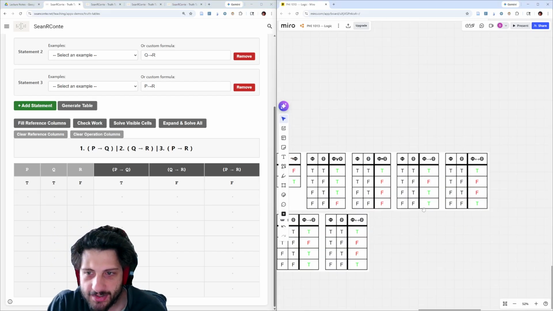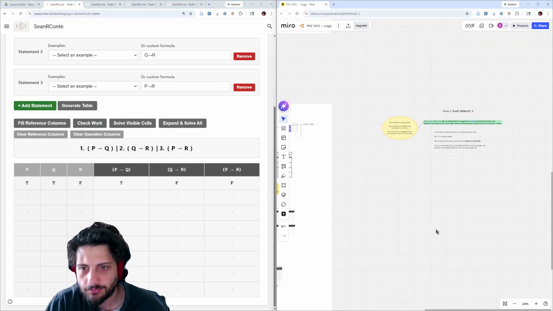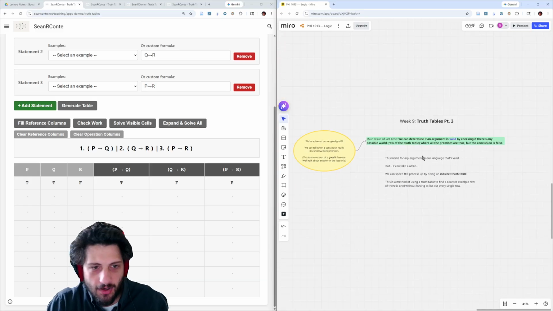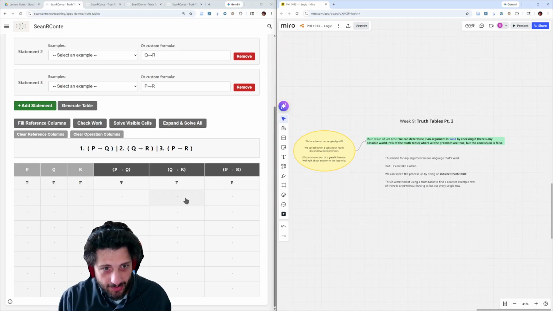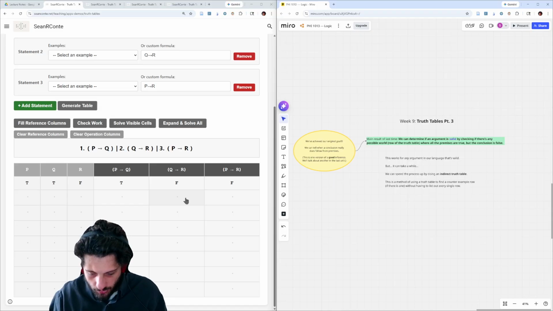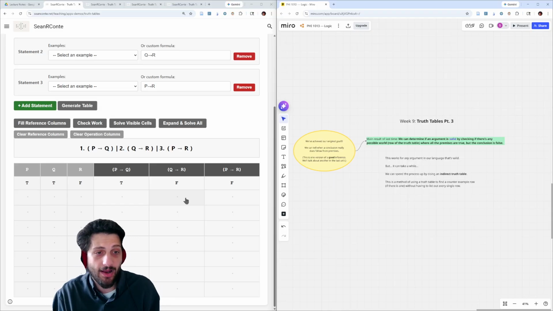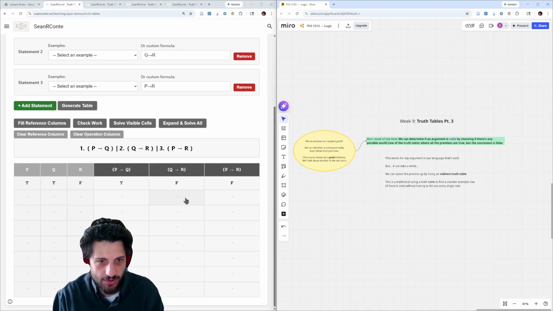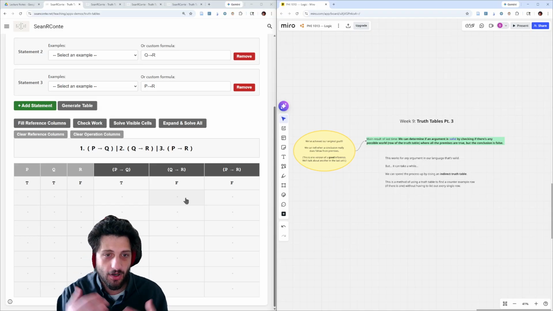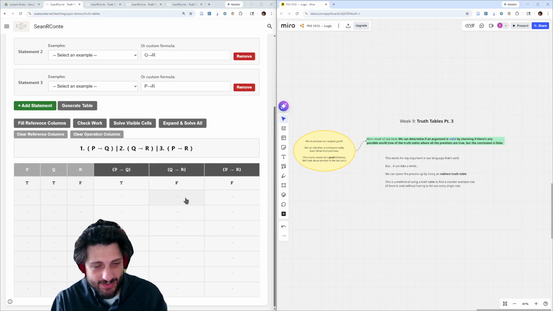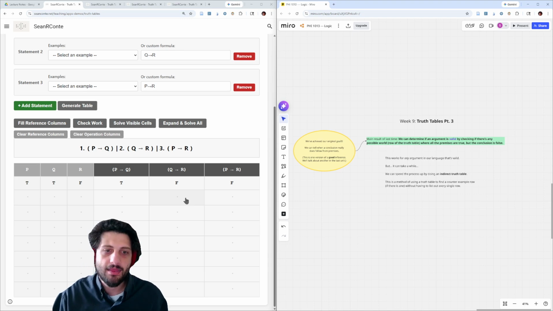So the point of this is that if we can verify that our challenge fails, then we've shown that our hypothesis is false. We cannot have true premises and a false conclusion. That's what it means for the argument to be valid. Essentially our hypothesis is that this is an invalid argument, that I can find a counterexample, an invalidating row.